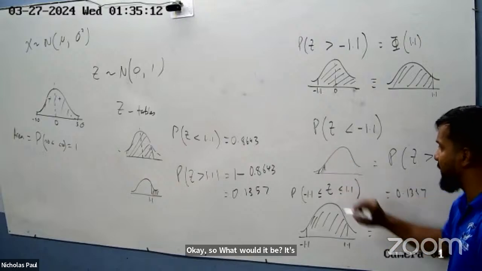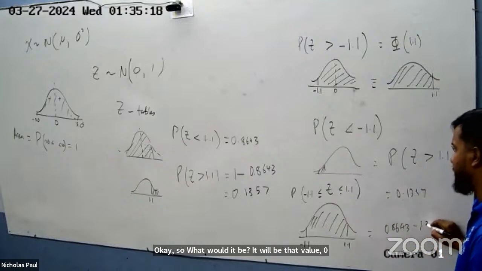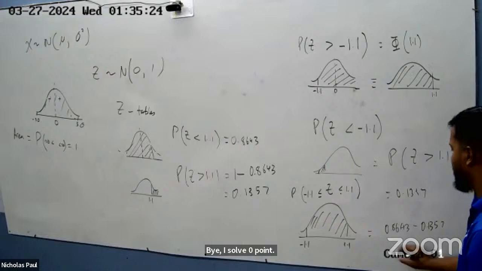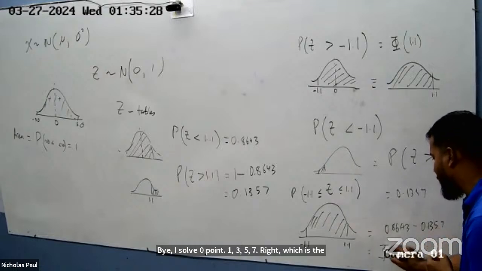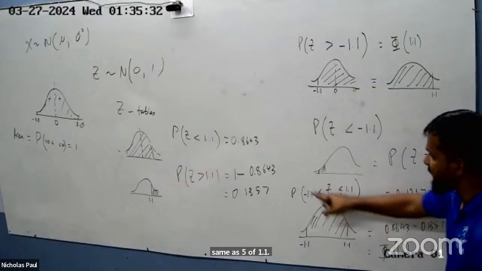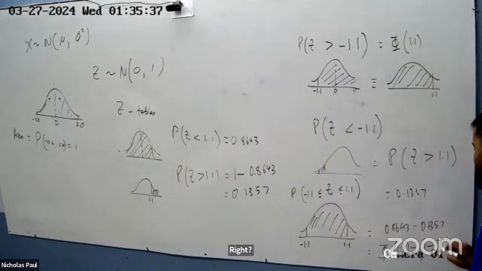It will be that value, 0.8643, minus the little piece, 1 minus 0.1357, which is the same as phi of 1.1, that's this actual value here, minus 1 minus phi of 1.1.